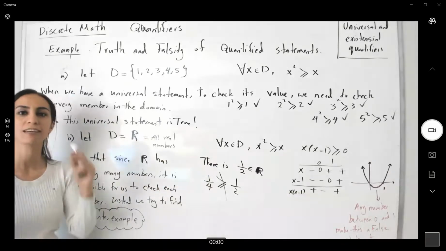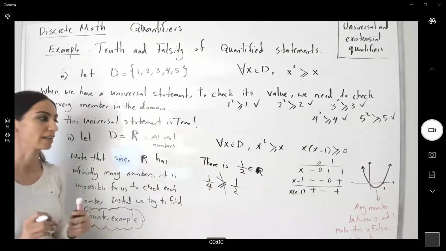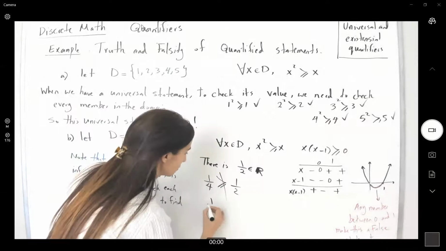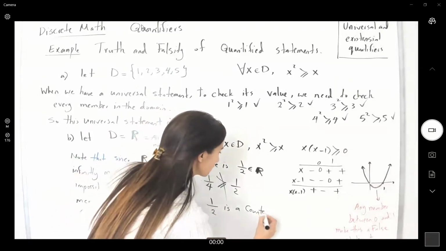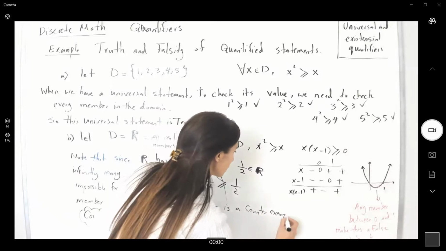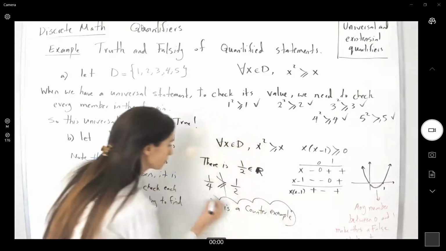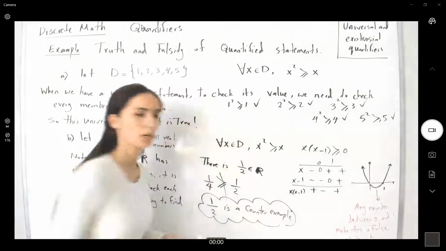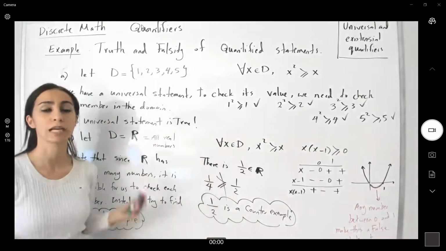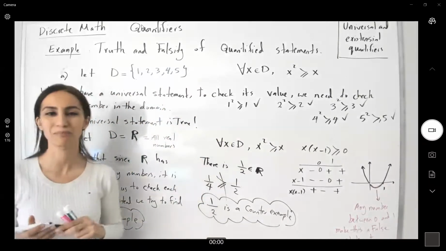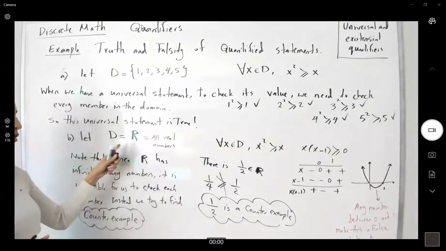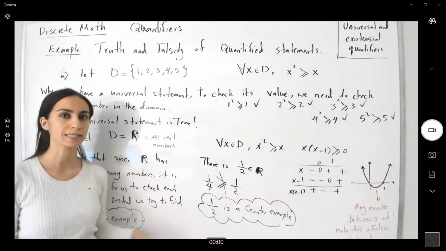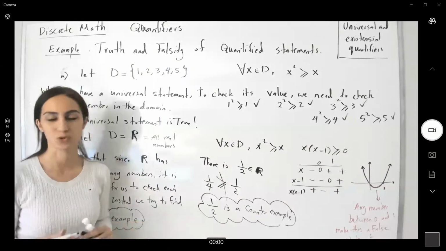A half is a counterexample. You can come up with tons of different counterexamples. This is one of them. So this counterexample tells us that because of this domain, this universal statement cannot be true.